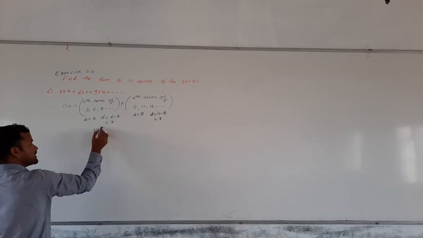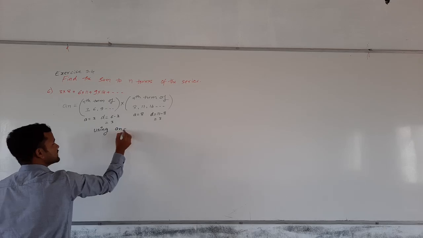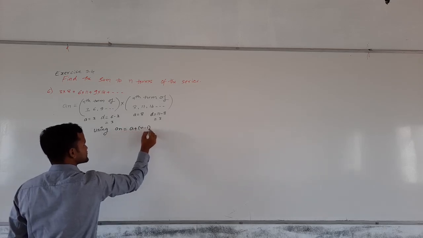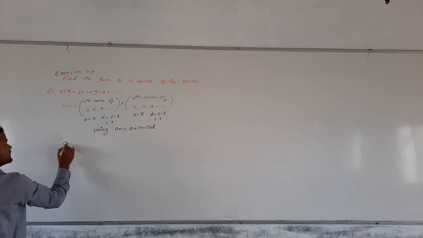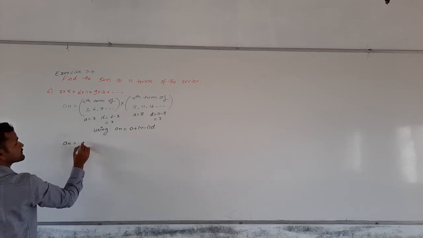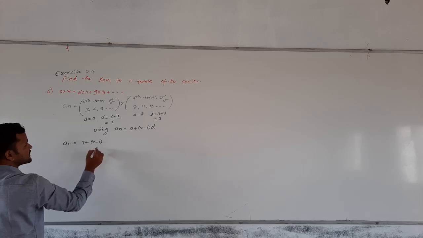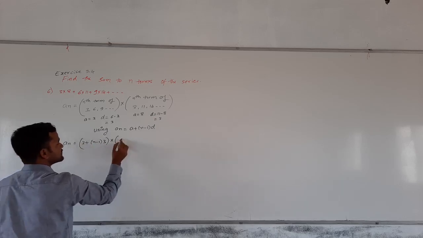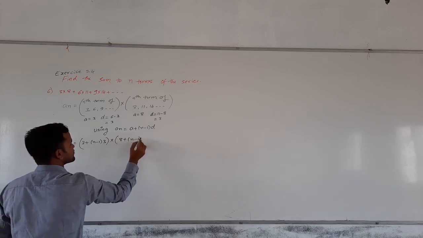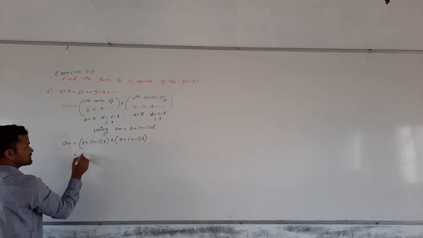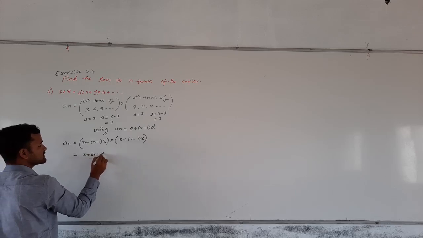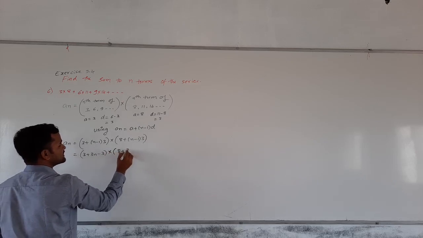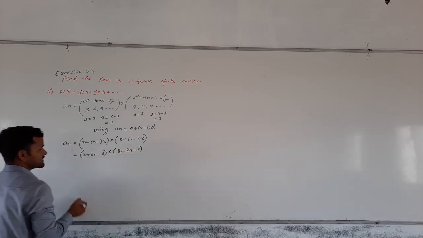I will use the formula An is equal to a plus n minus 1 into d. Now I have An is equal to 3 plus n minus 1 into 3, multiplied with 8 plus n minus 1 into 3. This is equal to 3 plus 3n minus 3, multiplied with 8 plus 3n minus 3.